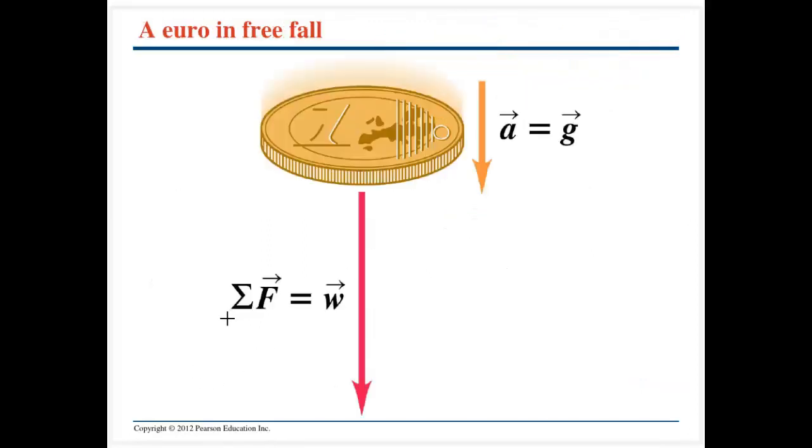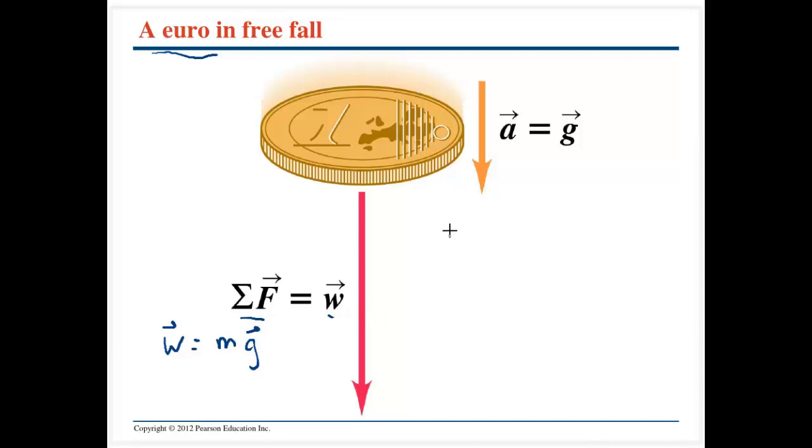Just to hammer home this point, if we consider a euro in free fall and write the sum of the forces on that, that's going to be equal to the object's weight, where we know the object's weight is equal to mass times gravity.